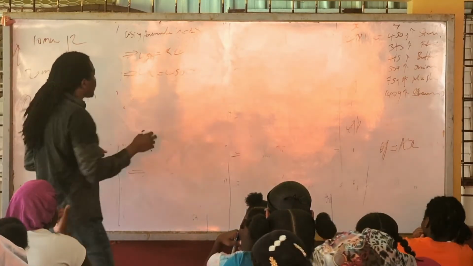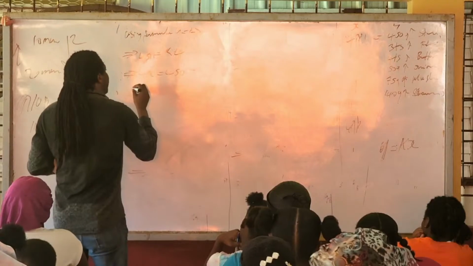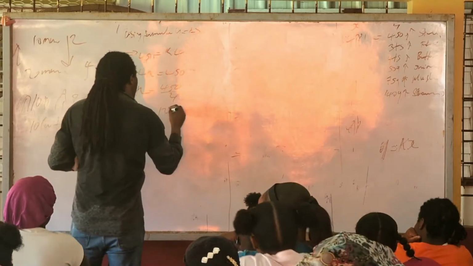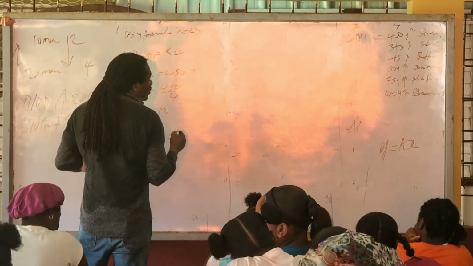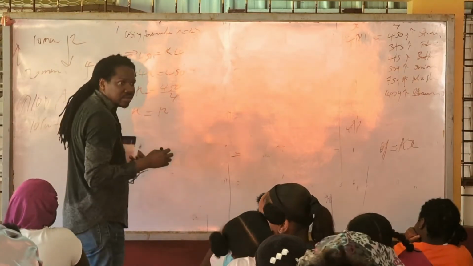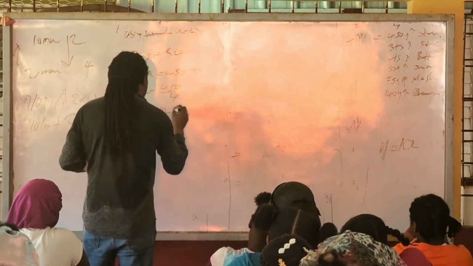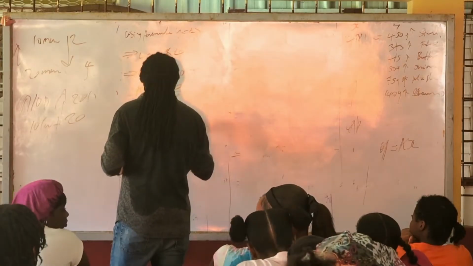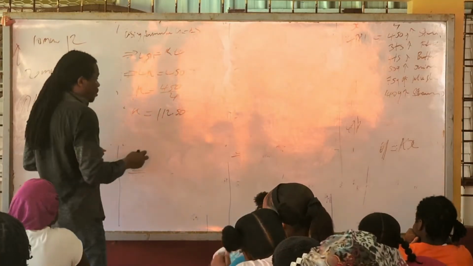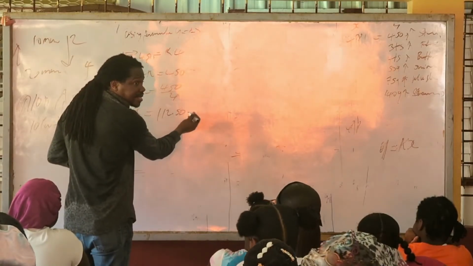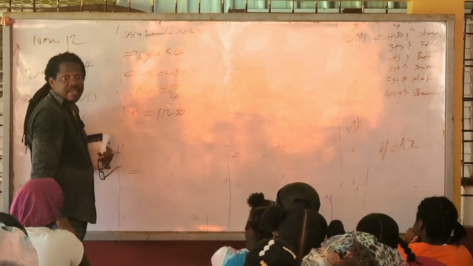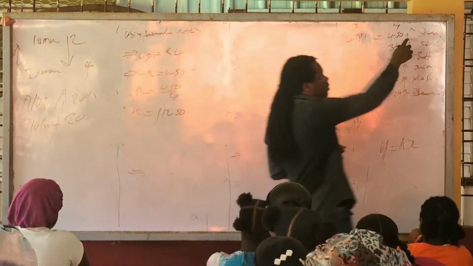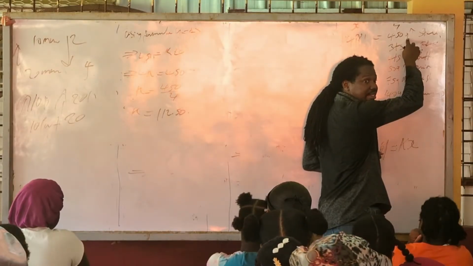So k equals 450 over 4, which is 112.50. Is it dollars? What is it? Oh, we know, because it's Y. Are you seeing that?